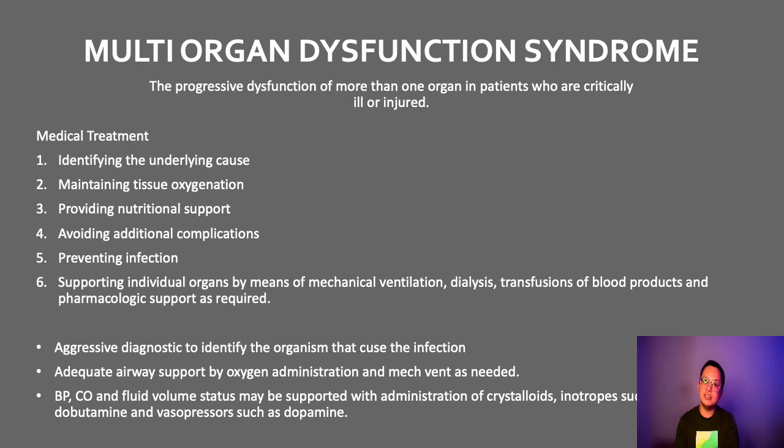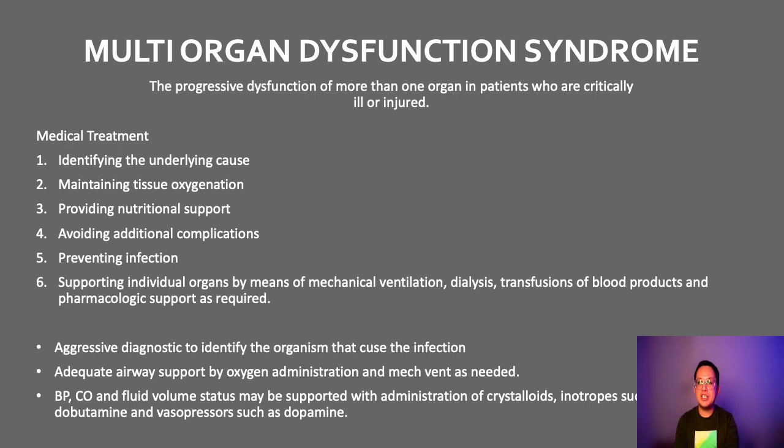What is the cause, is it bleeding, infection? Maintaining tissue oxygenation, provide oxygen via nasal prong, provide nutritional support, consider the nutritionist to give the patient the right food, and if the patient cannot eat, use an NG tube, and if not through the NG tube, TPN, total parenteral nutrition.